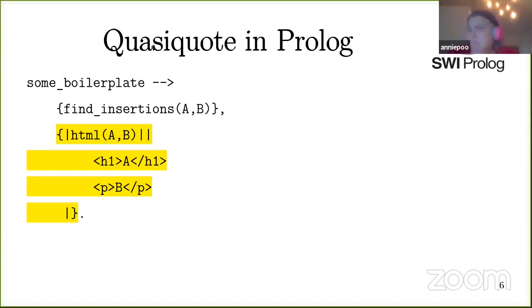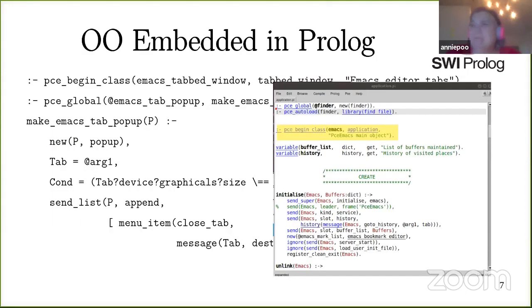So you can see this is about as far as you get with most other languages: quasi-quoters in Scala and Haskell, and then that's it. But Prolog keeps going.